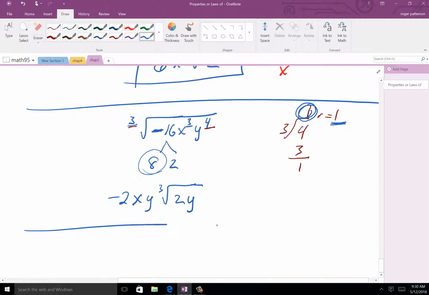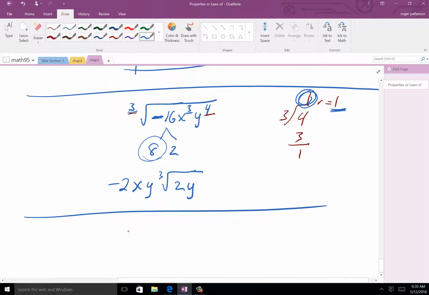So let's try another one, something like that. Cube root, 250 x to the 6th and y to the 5th this time. No negatives.